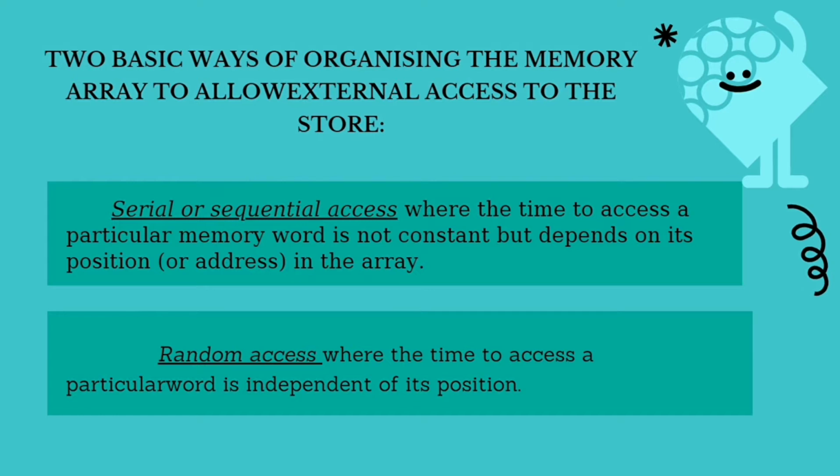There are two basic ways of organizing the memory array to allow external access to the stored information. First is the serial or sequential access, where the time to access a particular memory word is not constant but depends on its position in the array. The second one is random access, where the time to access a particular word is independent of its position.